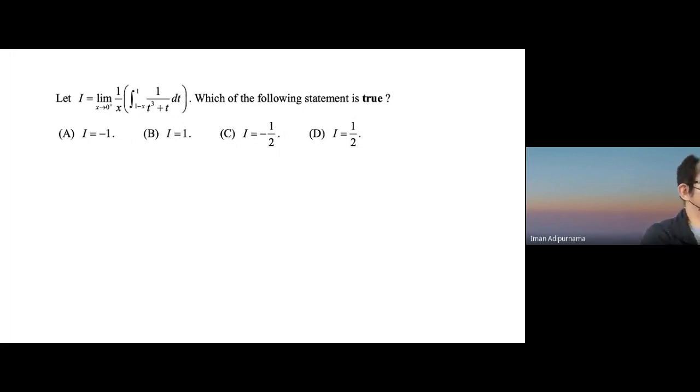It's a combination from some chapters, and you may need some knowledge of the limit concept, especially how to use L'Hopital's rule. But this is related to the fundamental theorem of calculus in chapter 5.